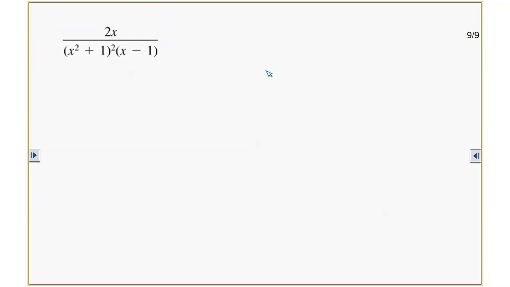When you see a quadratic in there, you've got something totally different now. You've got to build up. So that's going to be (x squared plus 1) to the first power times (x squared plus 1) to the second power times (x minus 1). So you're going to have 3. But the first two are quadratic because that x squared in the parentheses is a quadratic. So you're going to have to put ax plus b, cx plus d on top of those.